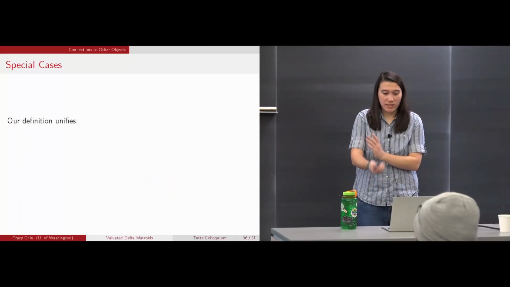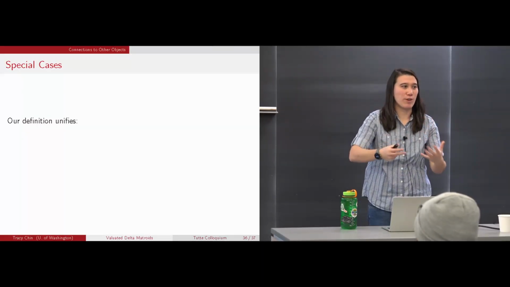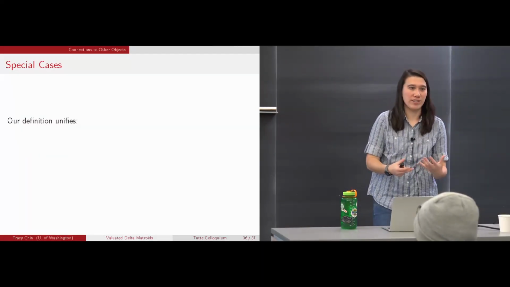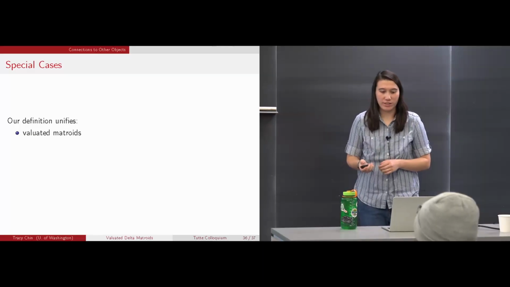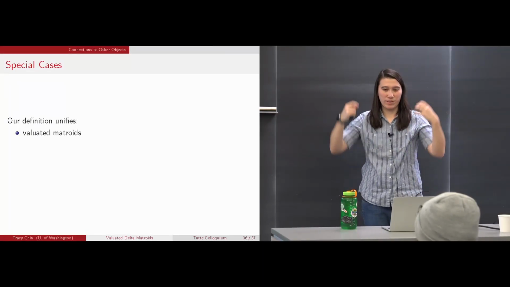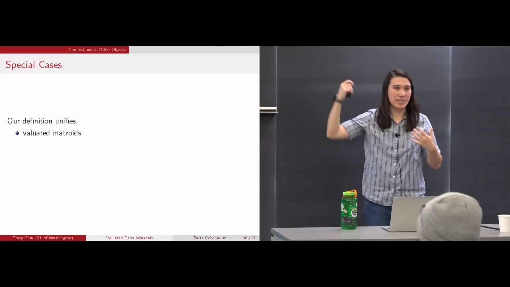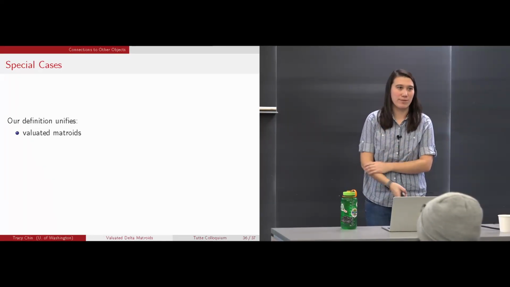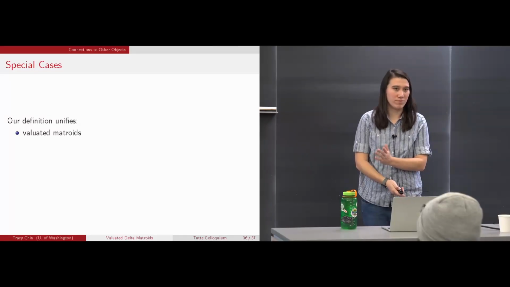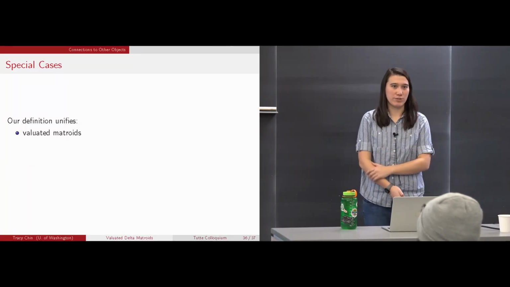So basically, part of the point of this talk is that this is the right definition for valuated delta matroids. So in particular, if I take a valuated matroid and just put those values on the hypercube and infinity everywhere else, that will give us a valuated delta matroid in our definition because, again, all of the edges will be in the right directions.